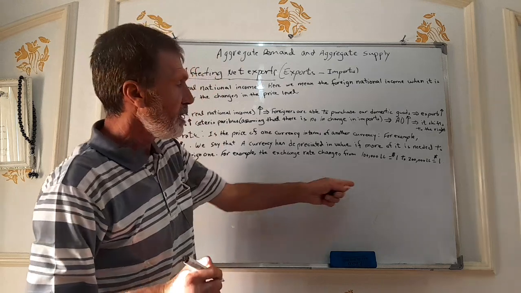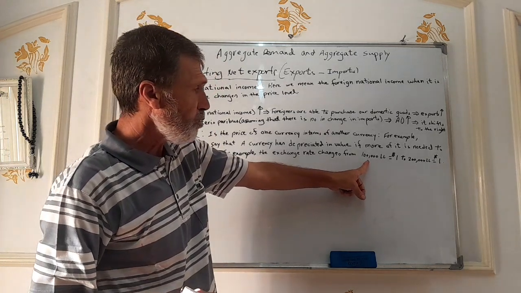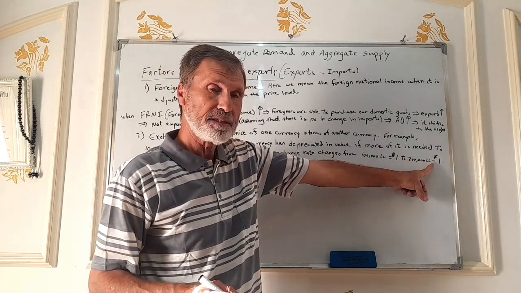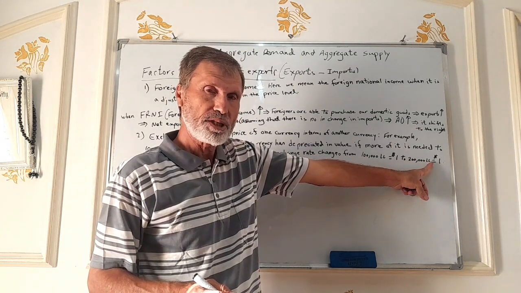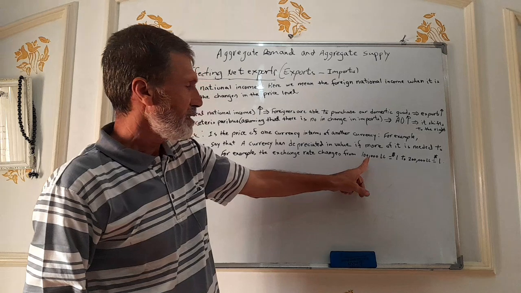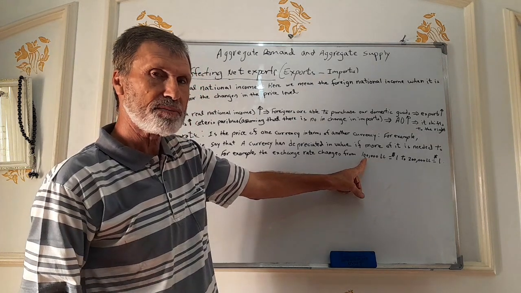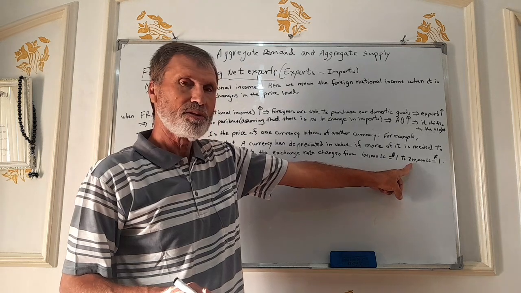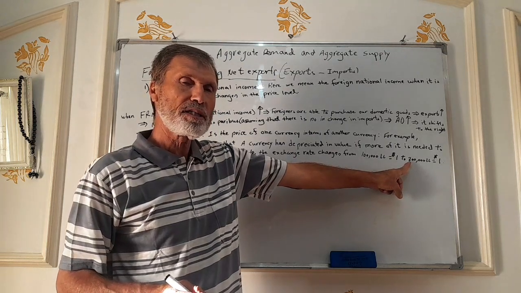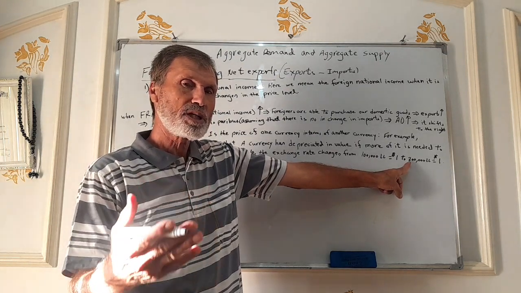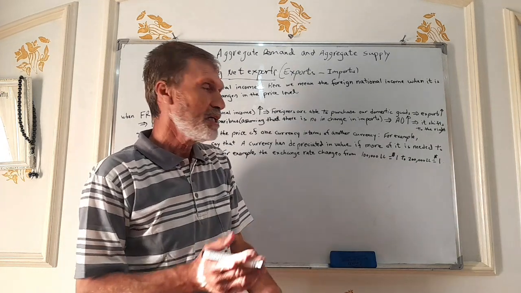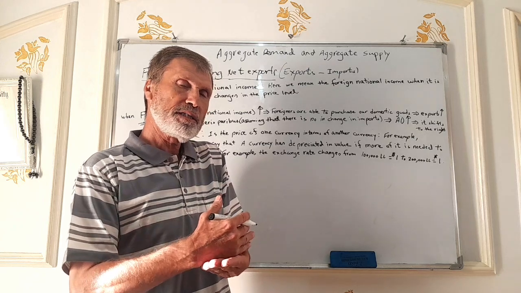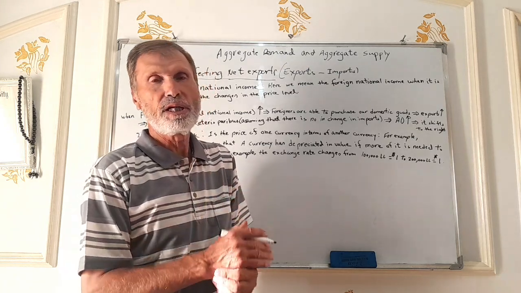What does that mean? It means now we need more Lebanese pounds to purchase a foreign currency, namely the dollar. Before, each 100,000 Lebanese pound is equivalent to $1. Now, it has become 200,000. You need 200,000 Lebanese pound to come up with $1. Therefore, more national currency is needed to purchase a foreign currency.